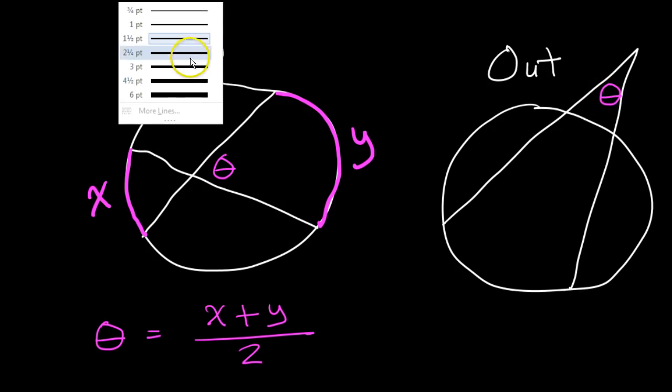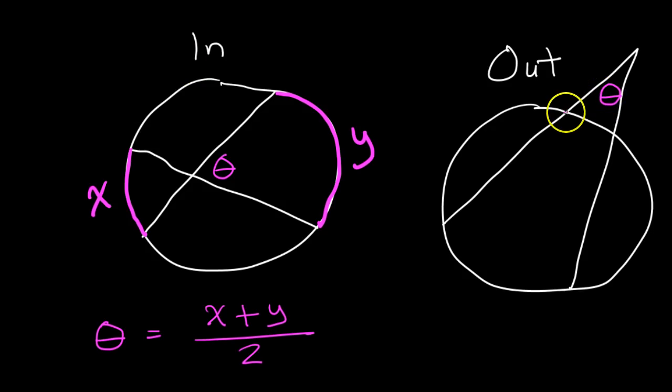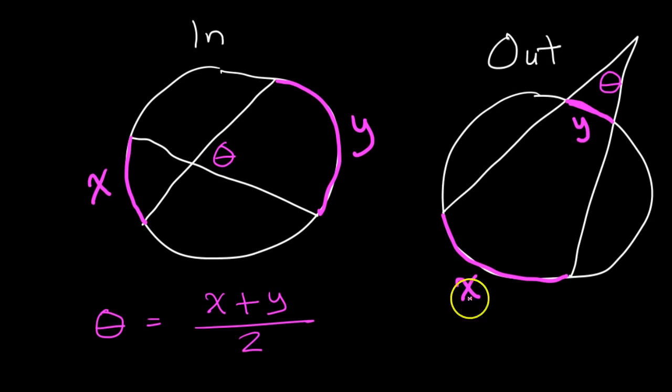Now again, I have two arcs. I have this smaller arc right here, and then I have this larger intercepted arc right here. I'm going to call the big one x and the small one y. In this situation, it matters which one is big and which one is small, because we're going to subtract, and it matters the order in which you subtract.